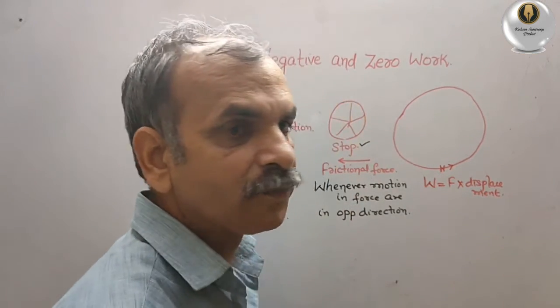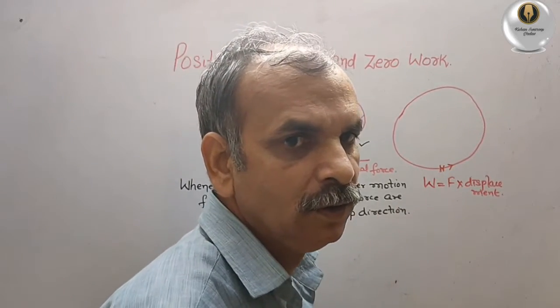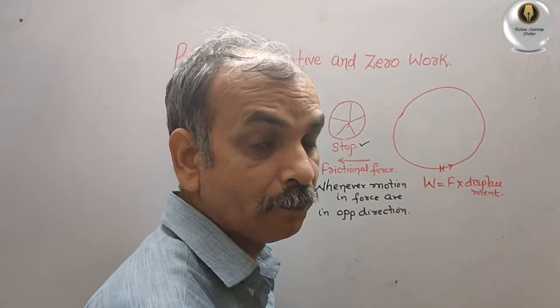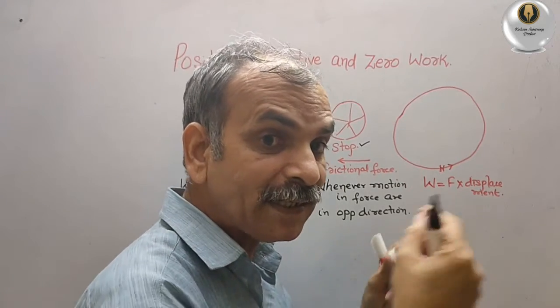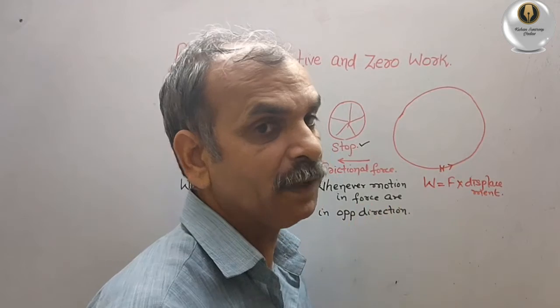You can see here force is there, है ना, we are running by force, but displacement is not there. But he has completed the distance, but he has not completed the displacement.